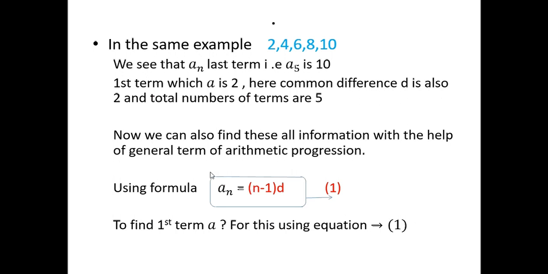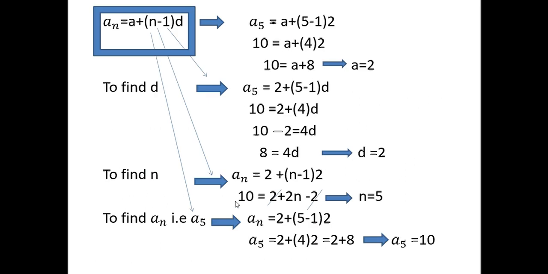By the help of this formula, we can find any type of information. To find first term, that is a, for this using equation 1, an equal to a plus n minus 1 into d. To find a, we put value of n and d.